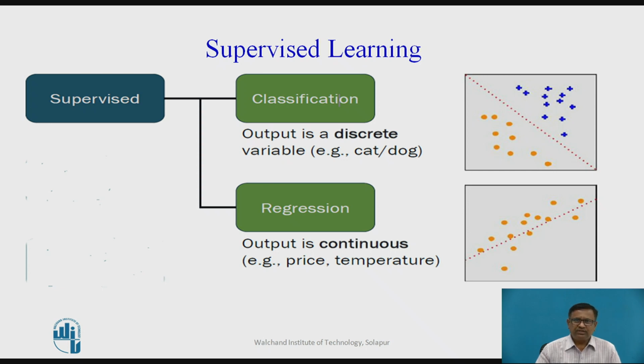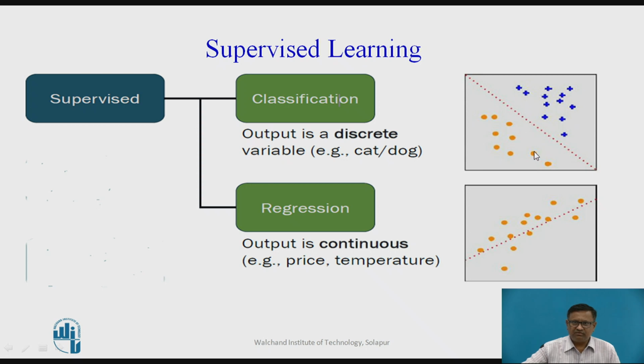On the right side, for example, the blue dots represent dogs and the orange dots represent cats. This is a demarcation line between these two categories, and we can divide the data into two.